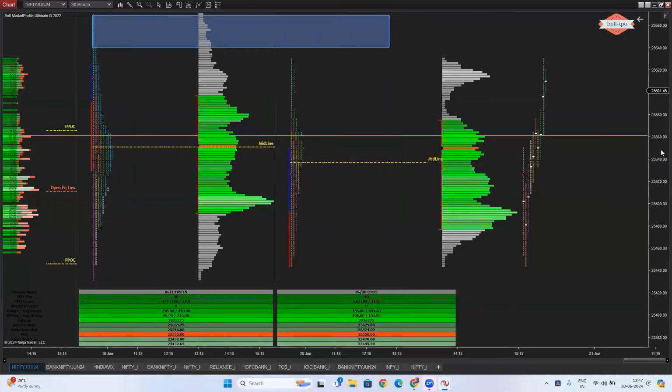I was talking about the 23,600 today's expiry put option. When we spoke, it was like 28 rupees.